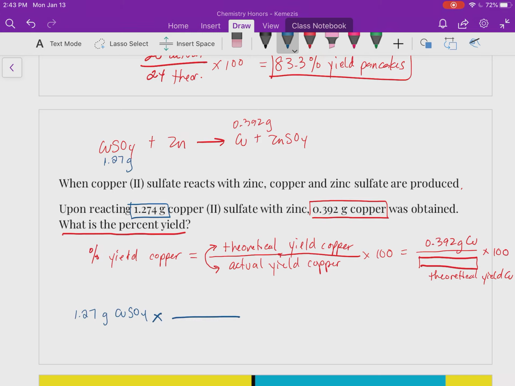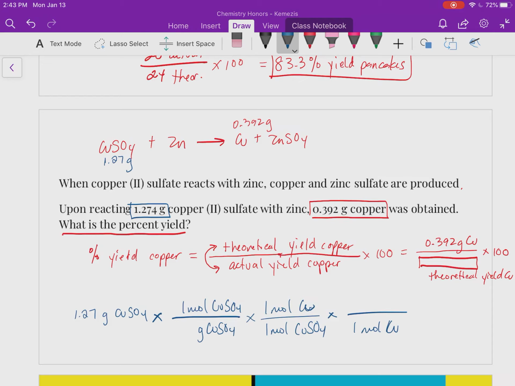So here we're going to do our 3 steps of stoichiometry, where we're going to turn our grams of copper sulfate into moles of copper sulfate and use our mole-to-mole ratio from the balanced equation, which these are all 1-to-1. And again, I'm interested in the theoretical yield of copper, so I'm going to turn this into copper. And for every 1 mole, turn the moles of copper into grams of copper.